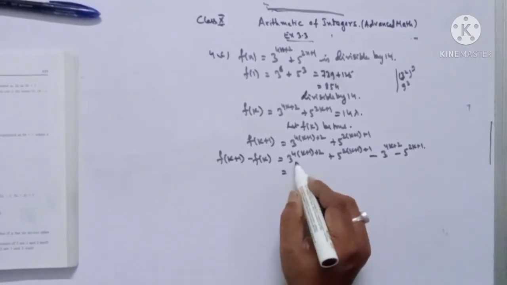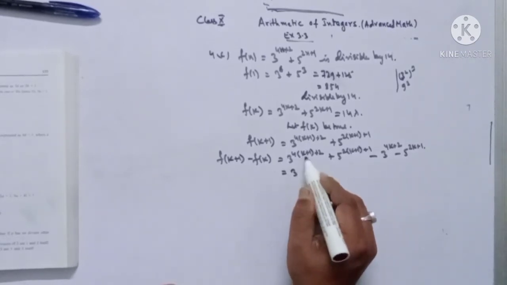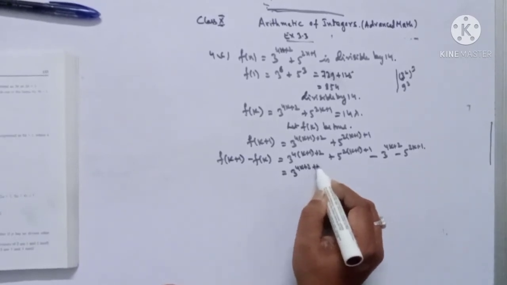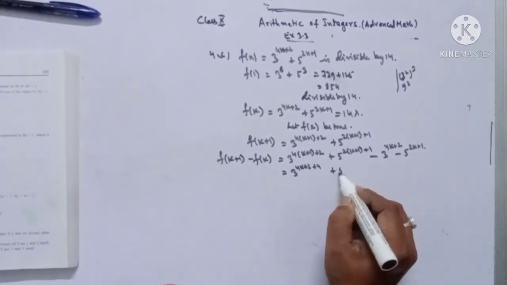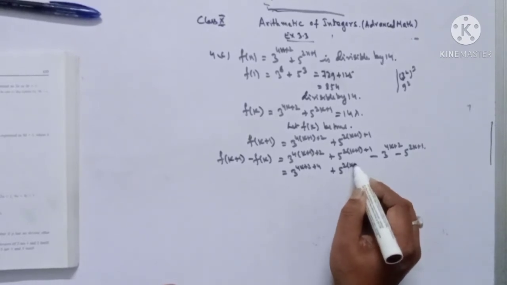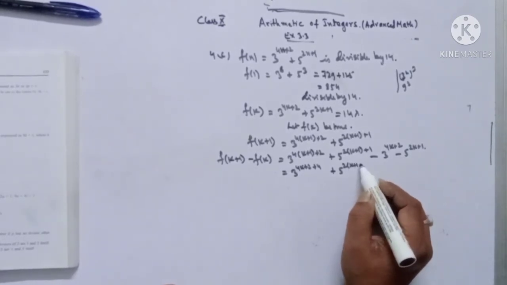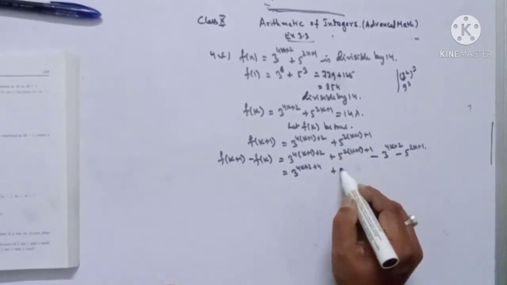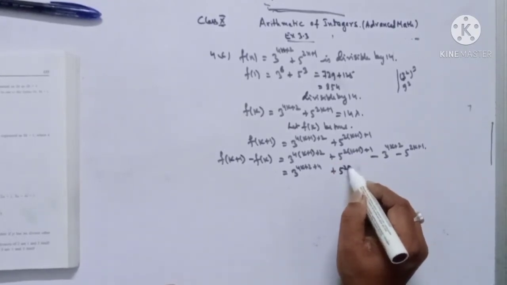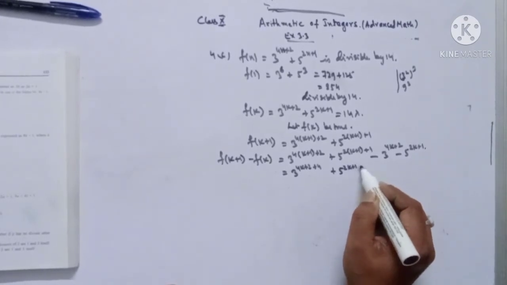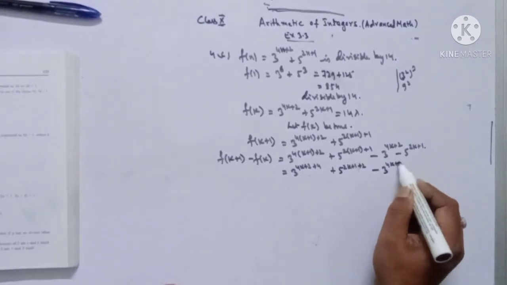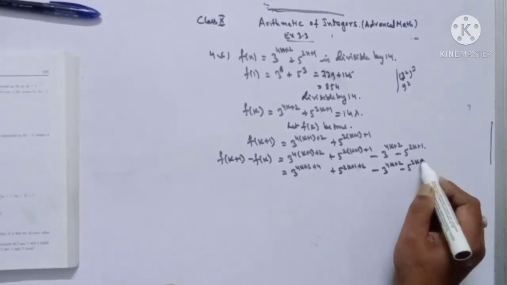So here I can write this as 3 to the power of 4k plus 2 plus 4, and this as 5 to the power of 2k plus 1 plus 2, minus 3 to the power of 4k plus 2 minus 5 to the 2k plus 1.